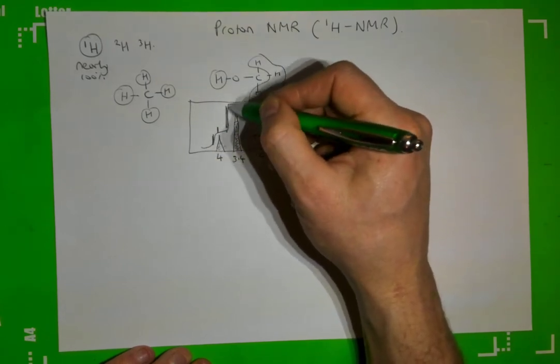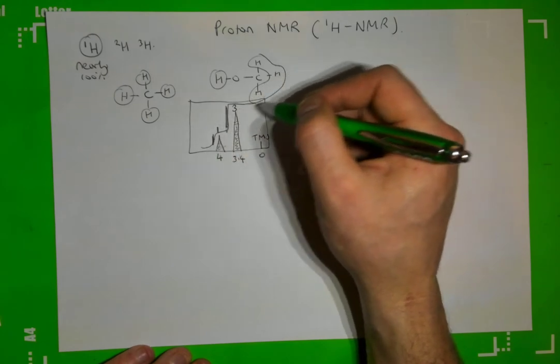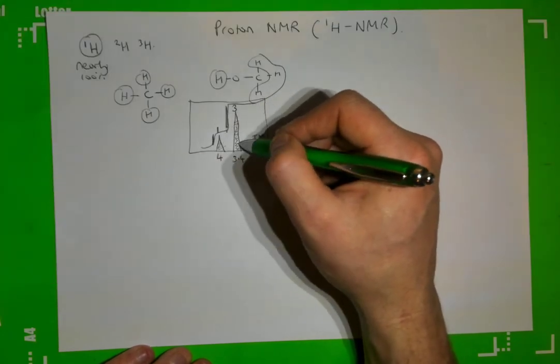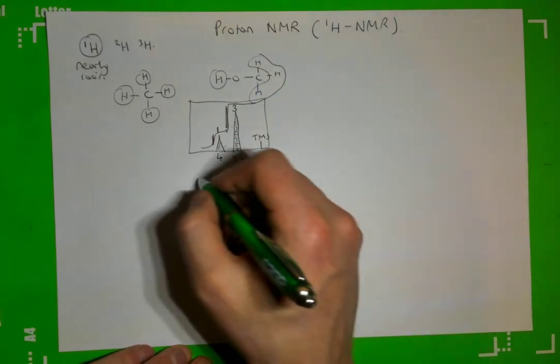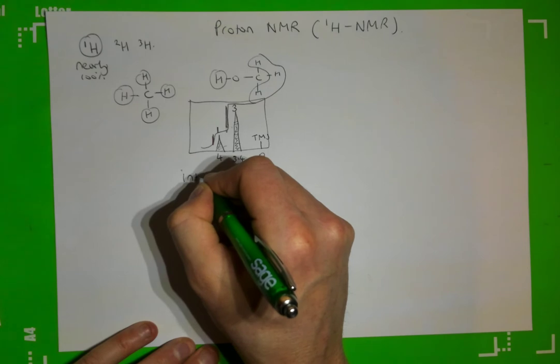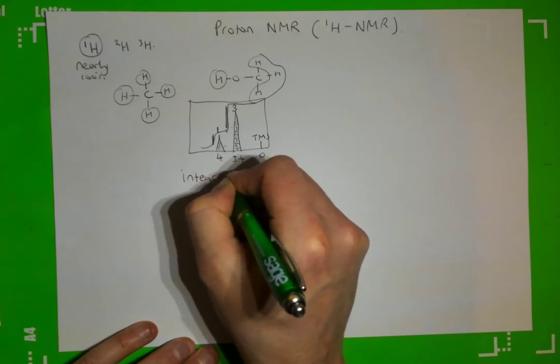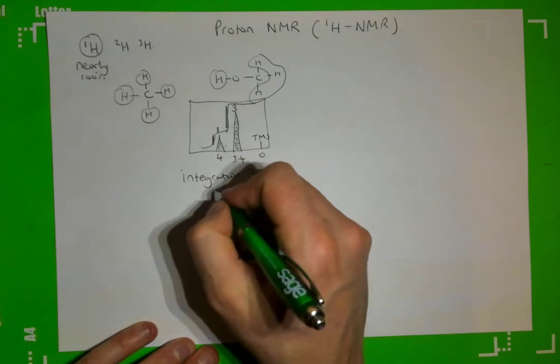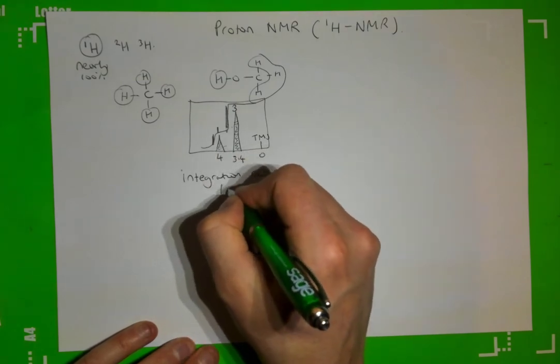That distance there is 3 times the distance there, so it gives a better indication of the area underneath the peaks. We'll call that the integration ratio that's produced. So these 2 peaks here have an integration ratio of 1 to 3.